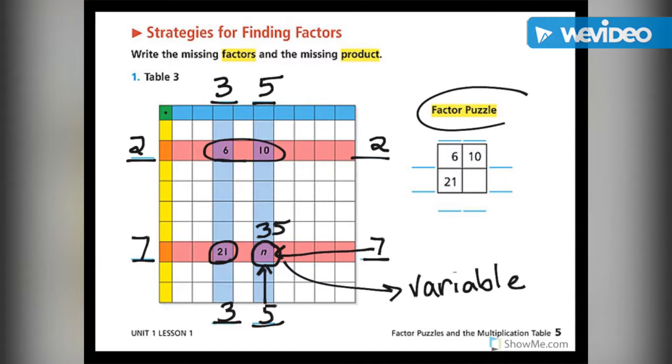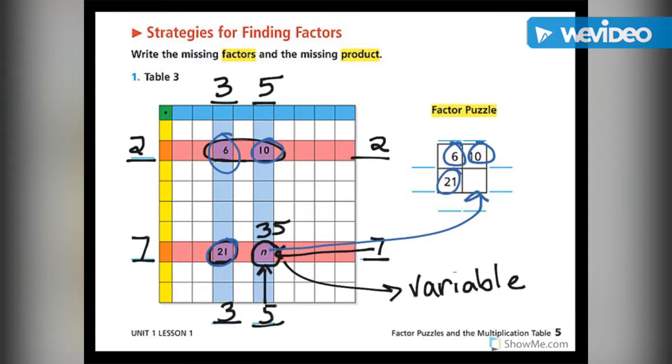Now, over here, I see my factor puzzle. So, I see the number 6, 10, 21, and then our empty spot, which is N. So now that I've done my work, I just need to fill in my answers straight from the multiplication table.